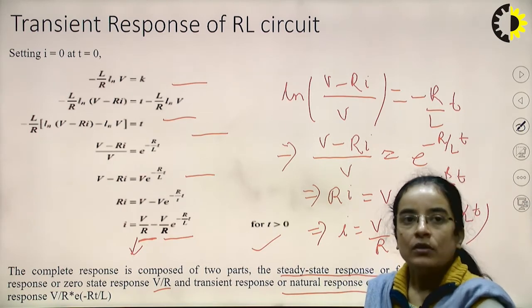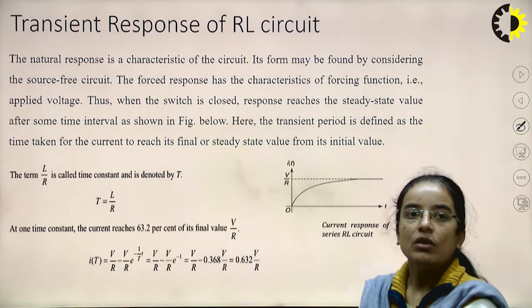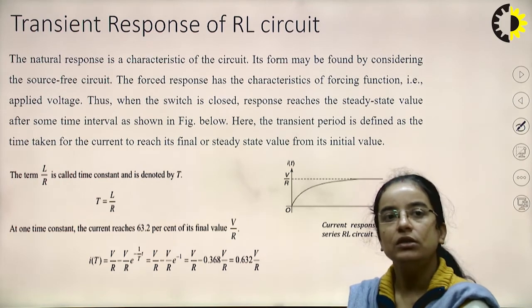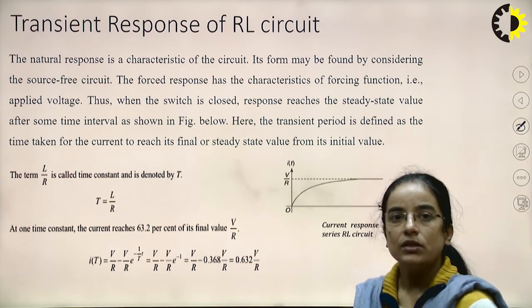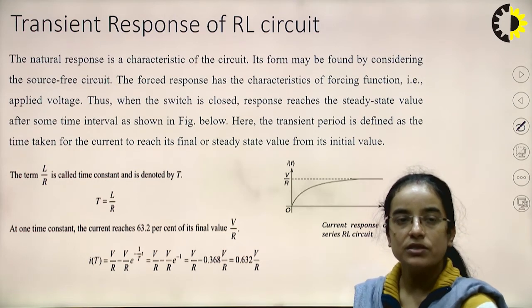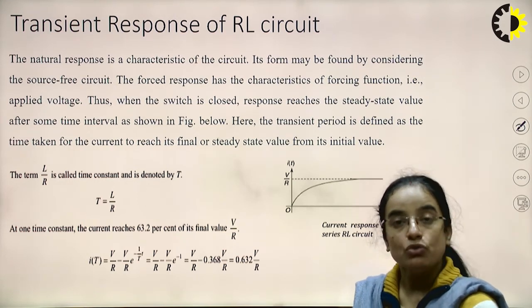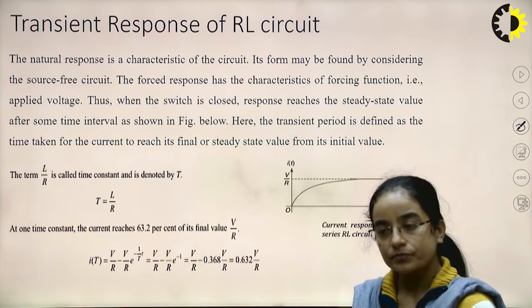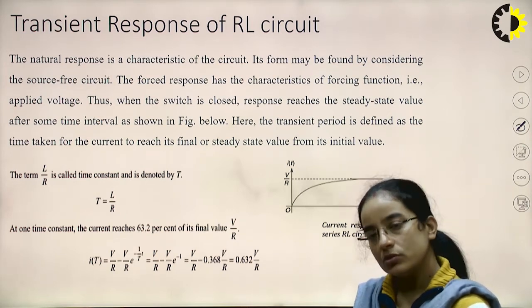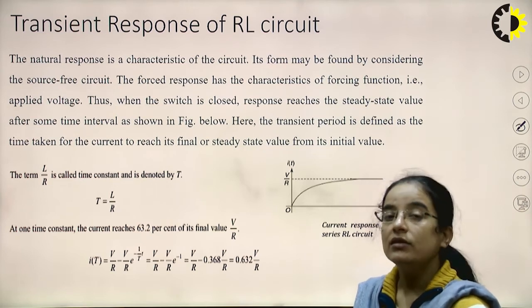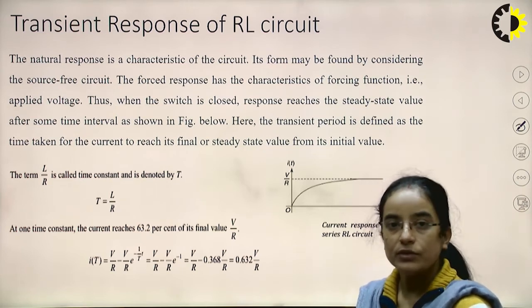Now the natural response is a characteristic of the circuit. Its form may be found by considering the source free circuit. Just before switching, suppose the switch was open, then there was no source connected to the network elements.